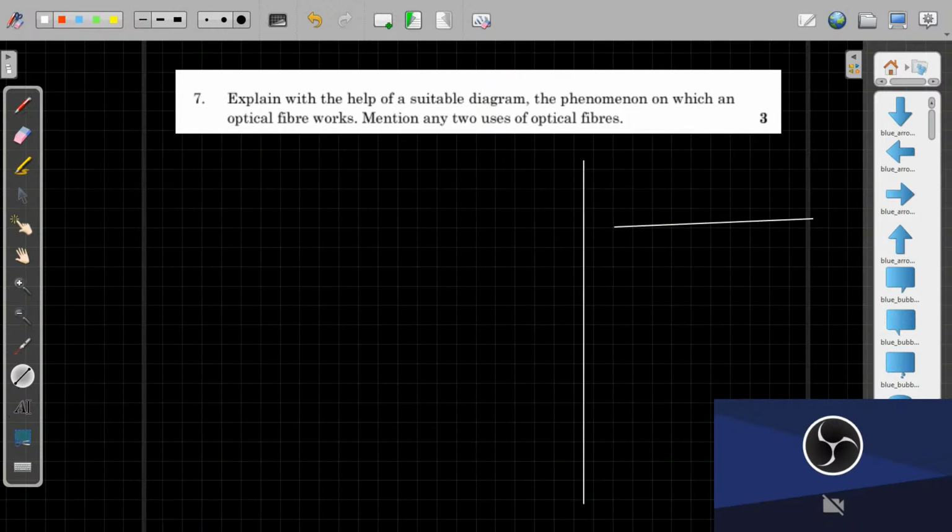So TIR is this: you see this is an interface separating two media. When a ray of light in the denser medium is incident at an angle greater than the critical angle, so here is the critical angle ray, this is IC, incident at an angle greater than IC, what will happen?